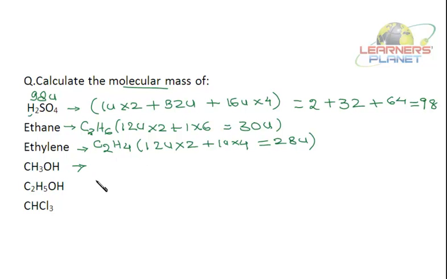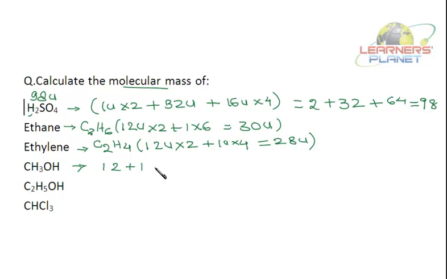Our next is CH3OH. Students, just pause the session and try to find out the molecular mass on your own. It's a very, very simple thing. In this case, what is the mass of carbon? 12 plus hydrogen 1. These are all in units, right?